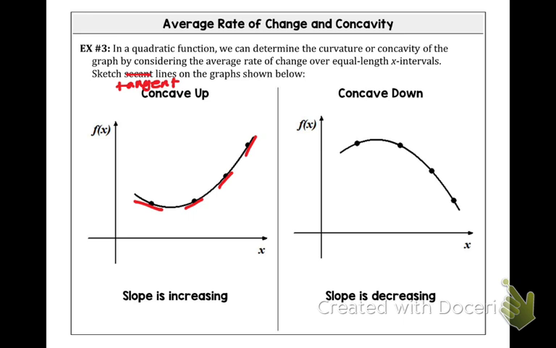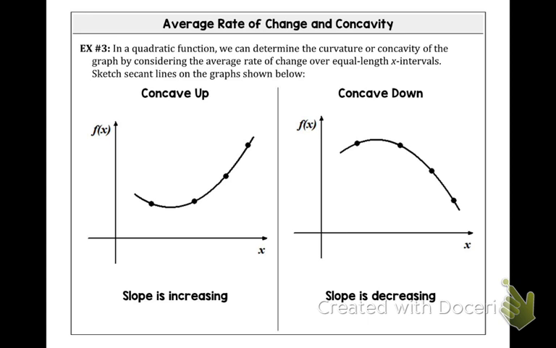Over here, for concavity down, I have a positive slope. Now I went to a negative slope. Now I'm going more negative, so our slope is going to be decreasing for our concavity. And we did this before when we were doing our ruler work. Okay? All right, so last two examples, let's tie this all together.